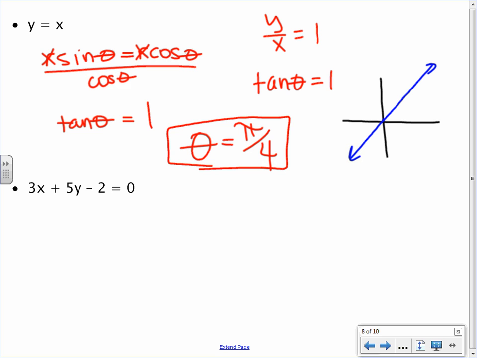Let's look at a line that does not go through the origin. What should I do?